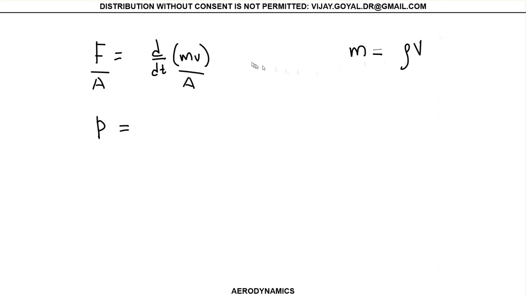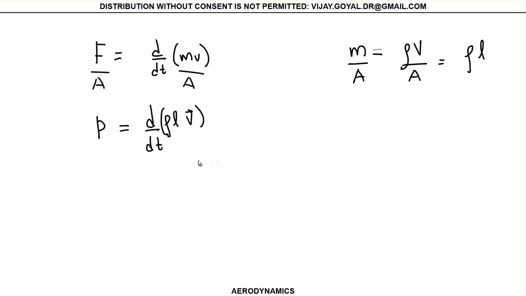So if I divide this by area on both sides, this becomes rho times length times velocity. Let me put this arrow there so we understand we are speaking of velocity over dt.